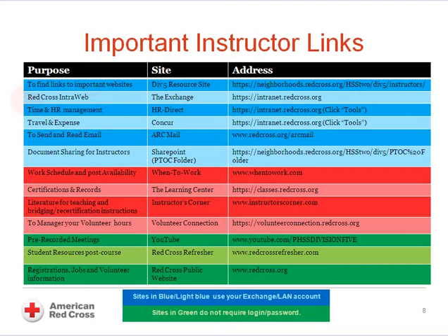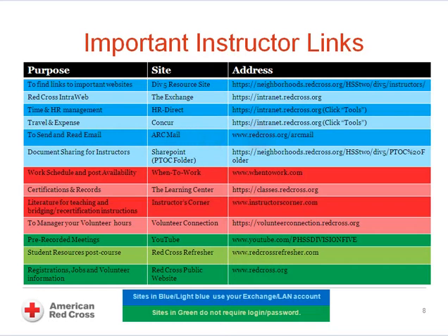We have the Red Cross intraweb access, which the site is called The Exchange. That's https://internet.redcross.org. And through The Exchange, you'll be able to access HR Direct. And for travel expenses, you'll be able to access Concur by clicking the Tools bar at the top of The Exchange. To send and read emails, ArcMail.